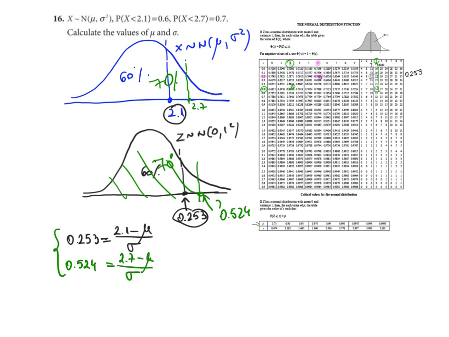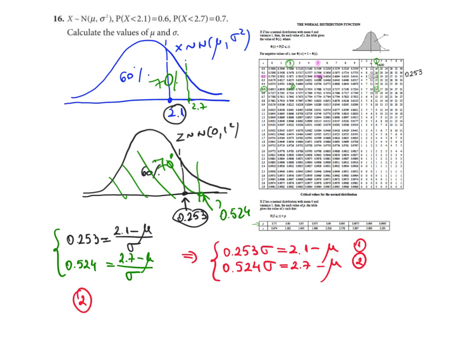And here I have simultaneous equations. Now it's an easy way to solve the simultaneous equations by multiplying by sigma. So you get 0.253 sigma equals 2.1 minus mu. Second is 0.524 sigma equals 2.7 minus mu. If this one is equation 1 and this one is equation 2, if you do equation 2 minus equation 1, then mu will disappear.